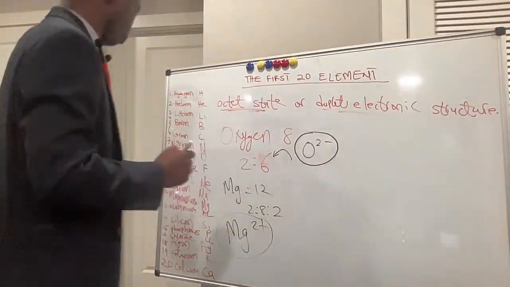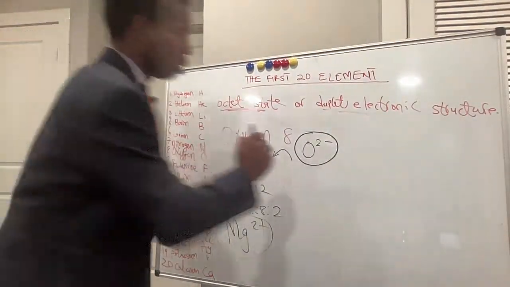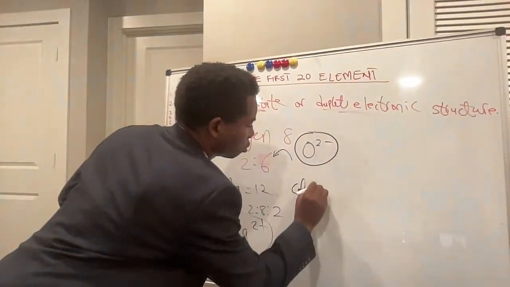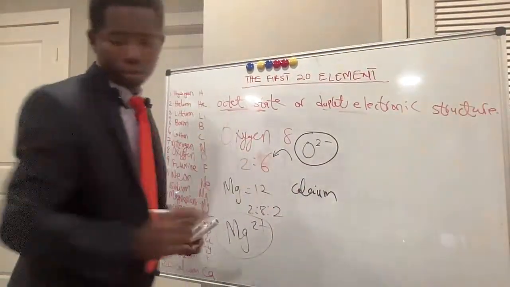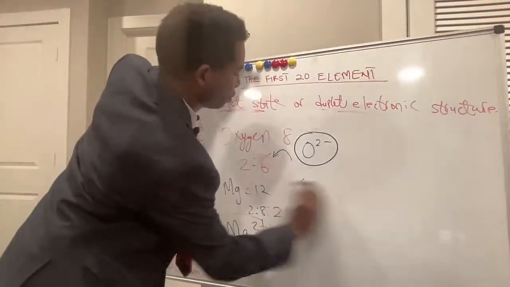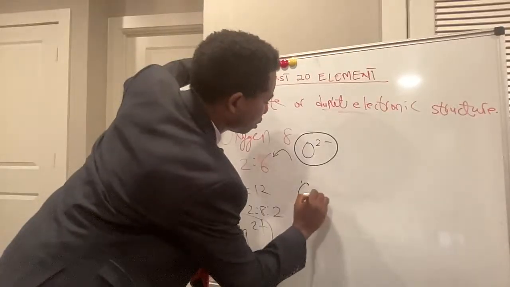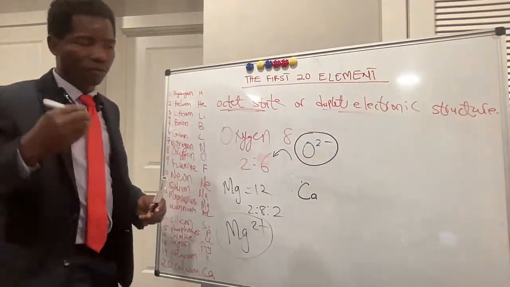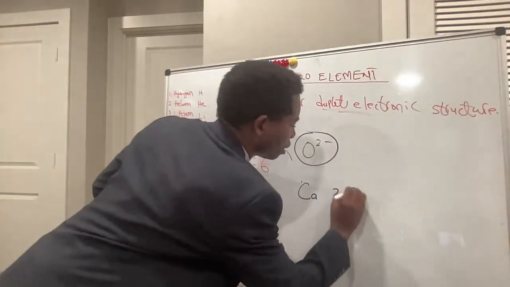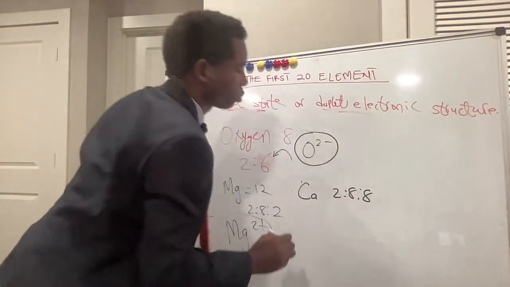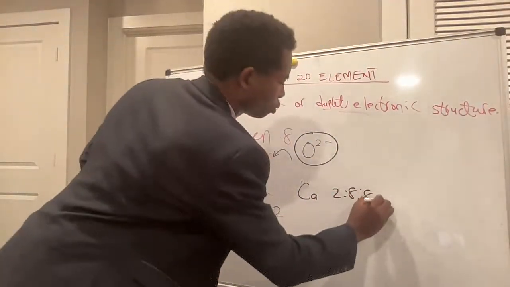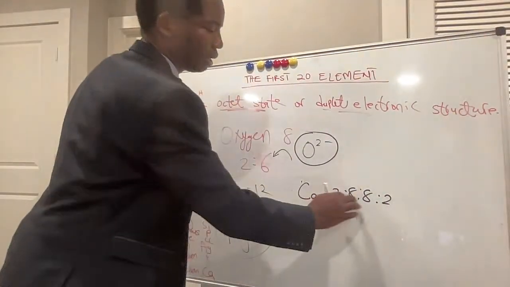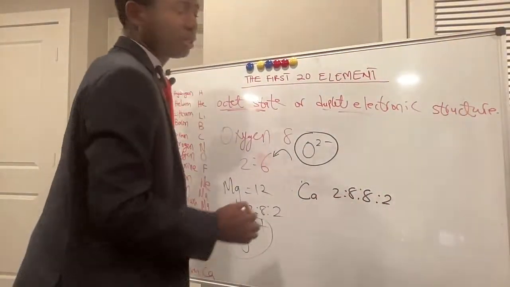Let's look at calcium. This is the symbol of calcium. Let's write the electronic configuration of calcium, which is 2.8.8.2. 16 plus 4 is 20.